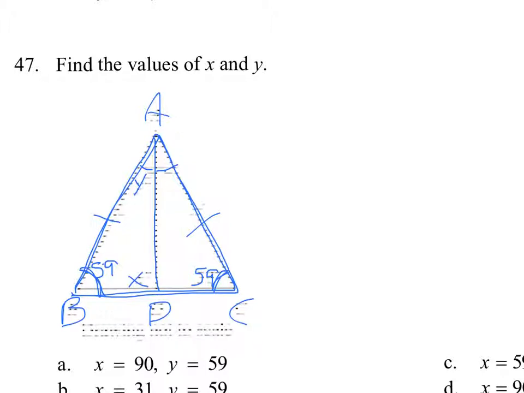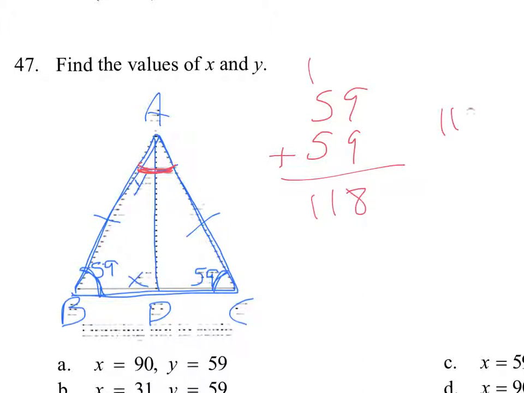And let's see what else we can figure out from this. So we can find this larger angle because 59 plus 59 plus this large angle right here should equal 180. So let's figure out what 59 plus 59 is. 118.